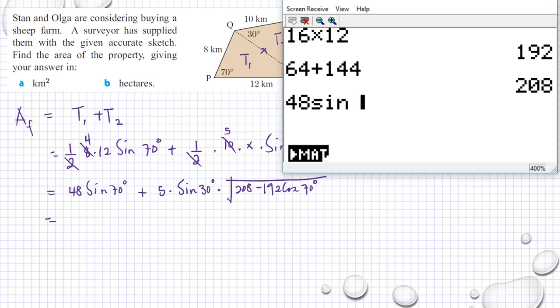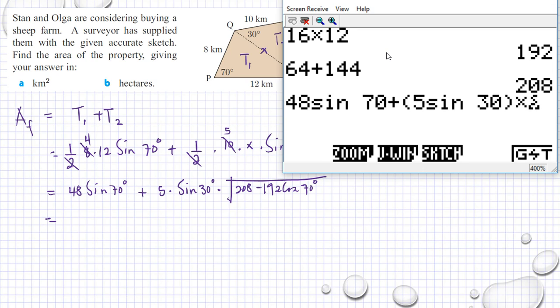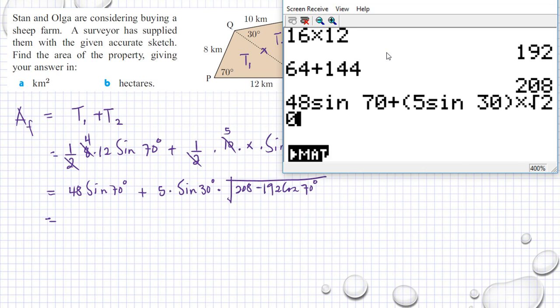We have 48 sine 70 degrees plus 5 times sine 30 degrees times, maybe it's better that I put this one in a parenthesis, times the square root of 208 minus, oh, that is also in parenthesis, sorry, minus 192 cosine 70 degrees.